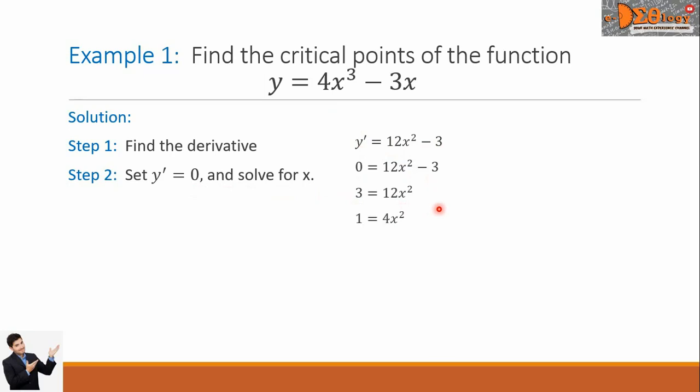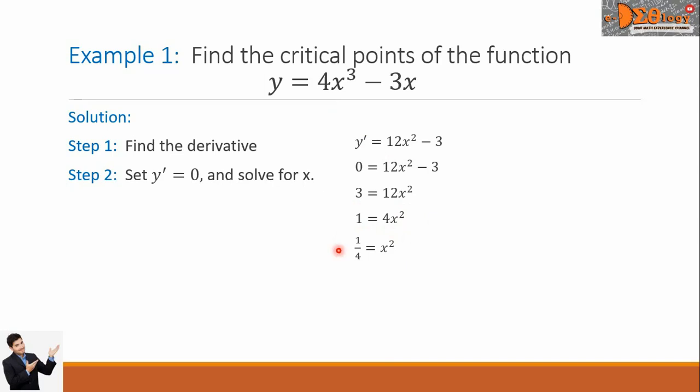So the left hand becomes 1 is equal to 4x squared. Let us isolate the x squared by dividing this equation by its coefficient. Divide by 4. So we have now 1 over 4 is equal to x squared.